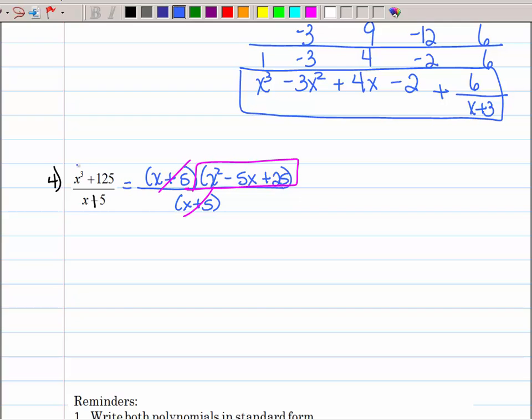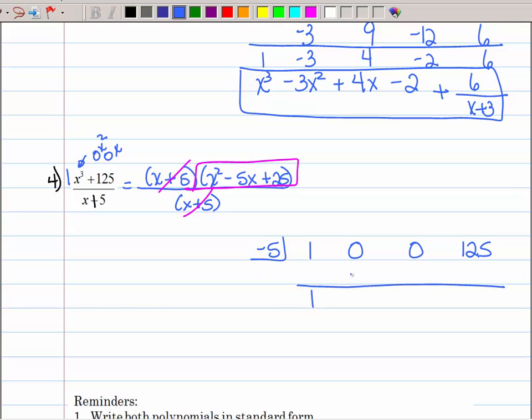Right. So as I look up here, I have 1x cubed, but then I have 0x squares, 0 x's in my constant. So I've got lots of placeholders. I want to take the opposite. So -5 is my opposite. 1x cubed, 0x squared, 0x, and then 125.